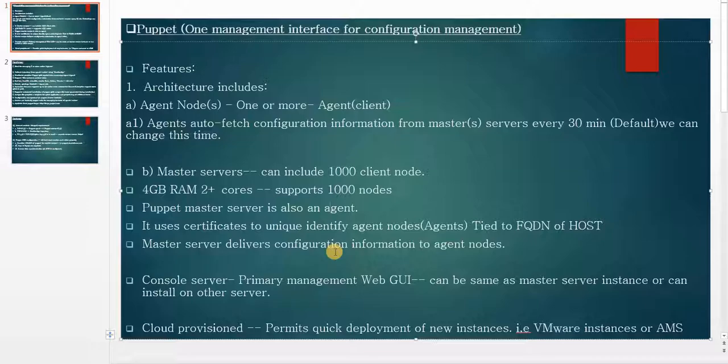Assume you have hundreds of nodes you are going to manage through Puppet master, and you don't want to log into each and every client agent node to make the changes. What you can do instead is just log into the Puppet master and push all the changes you want to make on the client node or agent node. You can push them through the master.